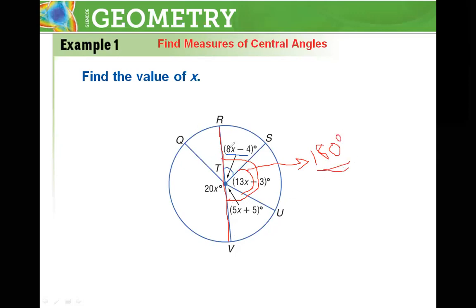It means 8x minus 4 plus 13x minus 3 plus 5x plus 5 equals 180. So we will go through the steps. I hope that you draw this circle on your paper or in your copybook first, and we will solve it step by step.